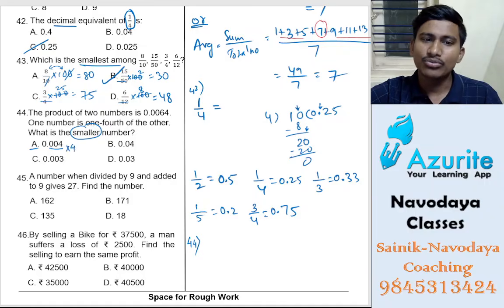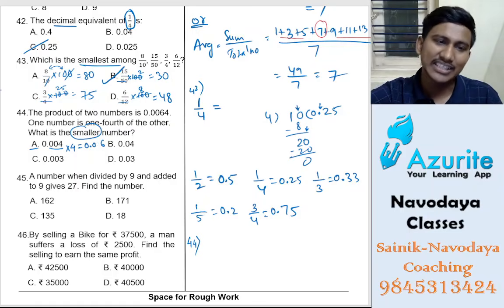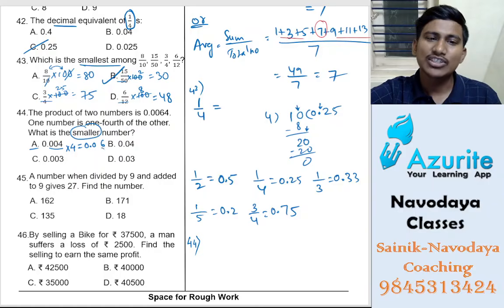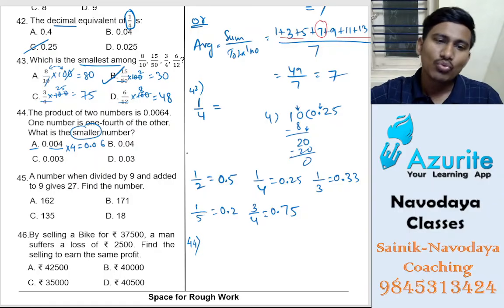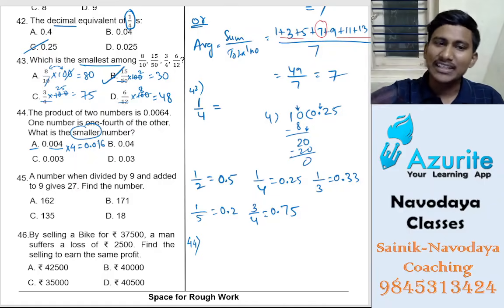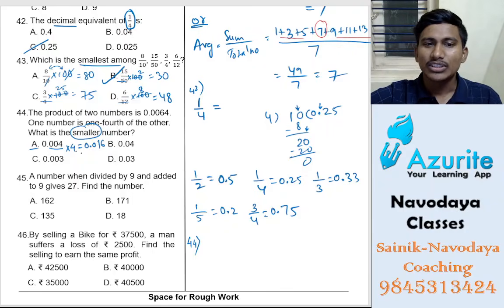If you multiply with 4, you will get how much? 0.016, right? That is 4 4s are 16 here.